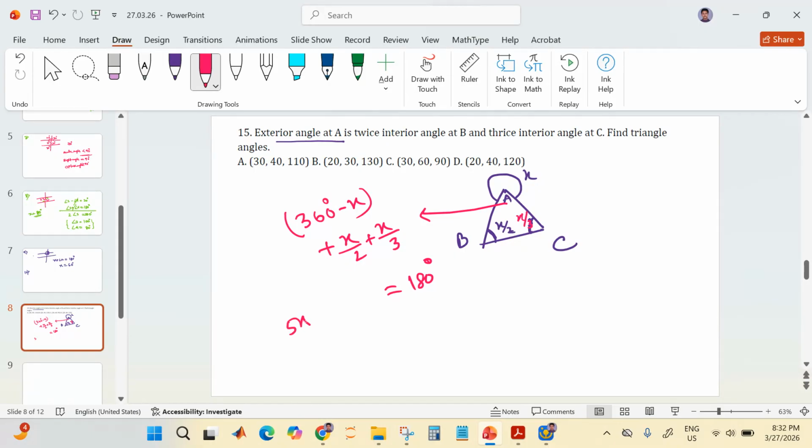So 5x by 6 minus x equals 180 minus 360. That means minus x by 6 equals minus 180 degrees. So if I cancel them, then x equals 180 degrees into 6.